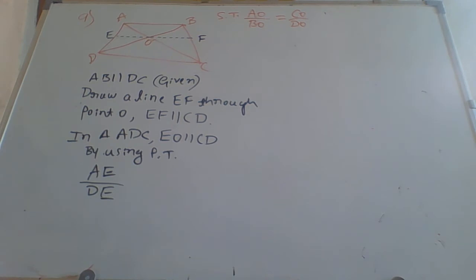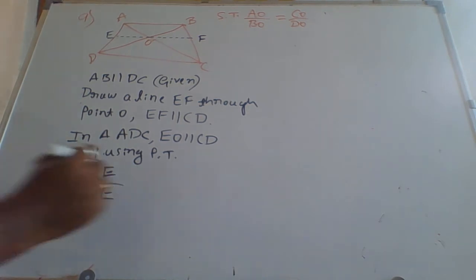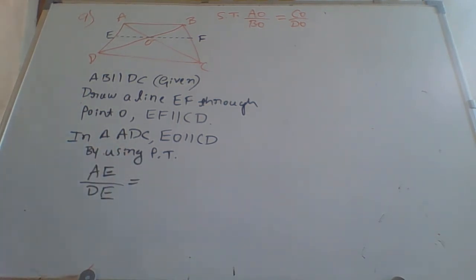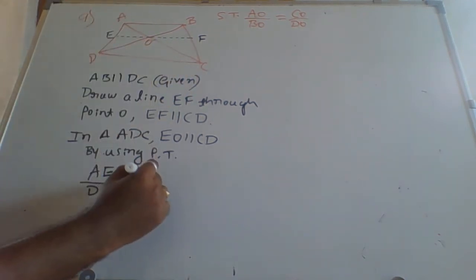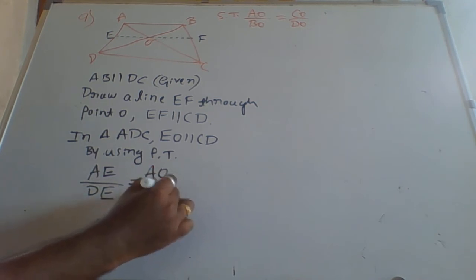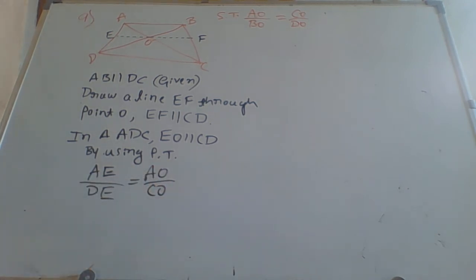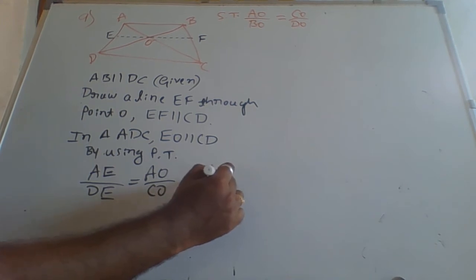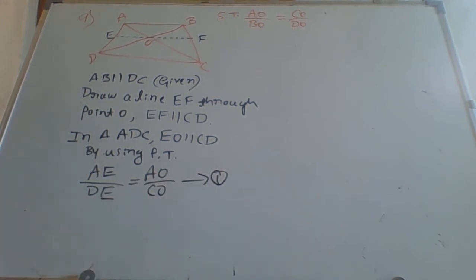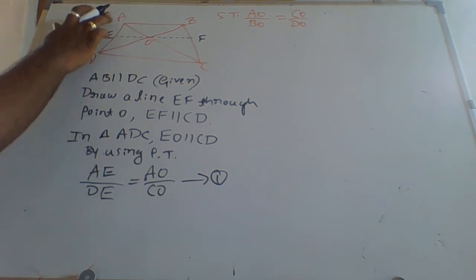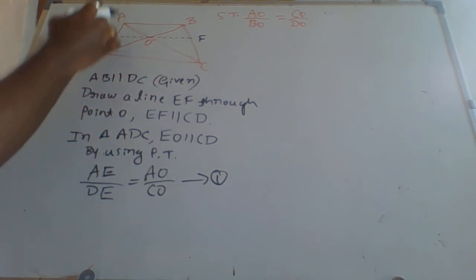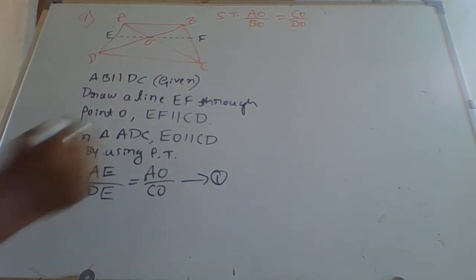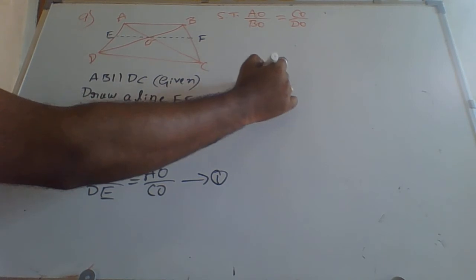AE by DE is equal to AO by CO. So I will consider this as 1. What I did here: AE by DE is equal to AO by CO. If OE is parallel to CD, we can write this by using the proportionality theorem. This is 1.